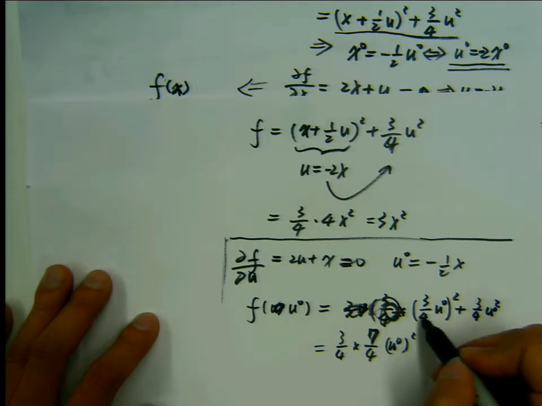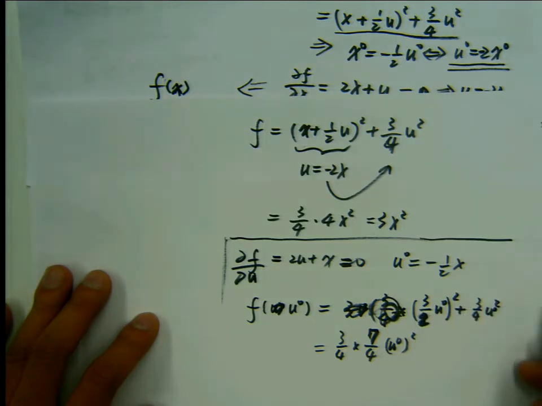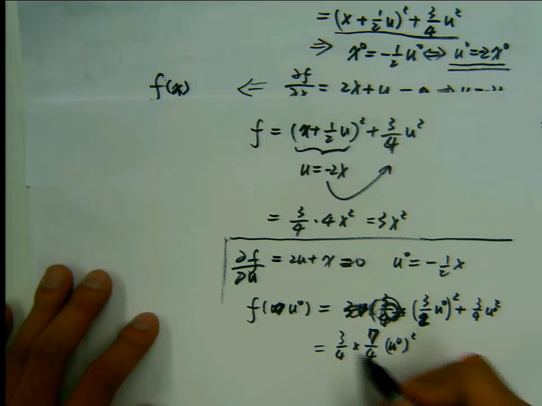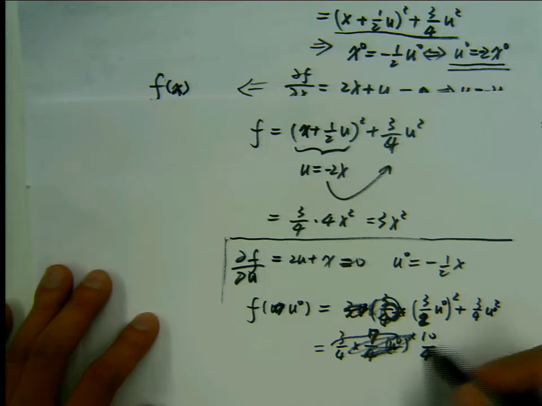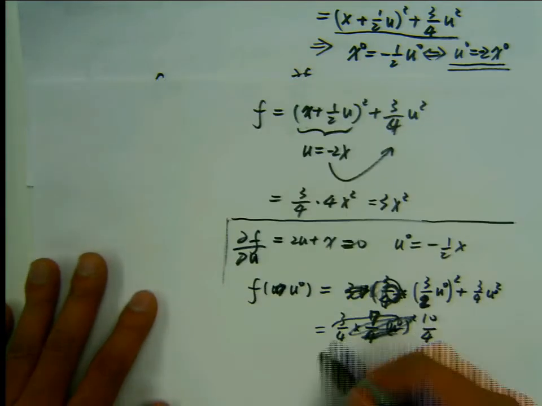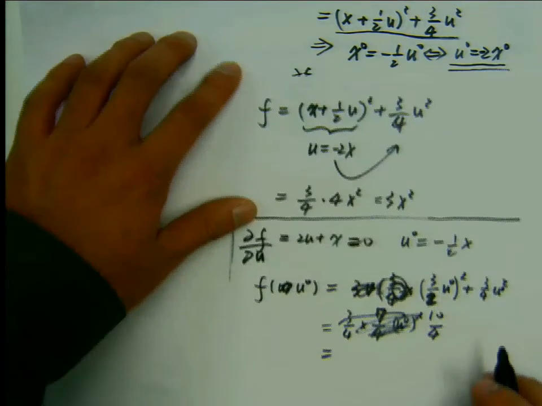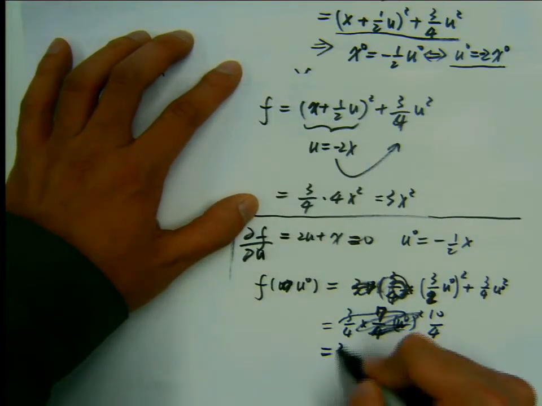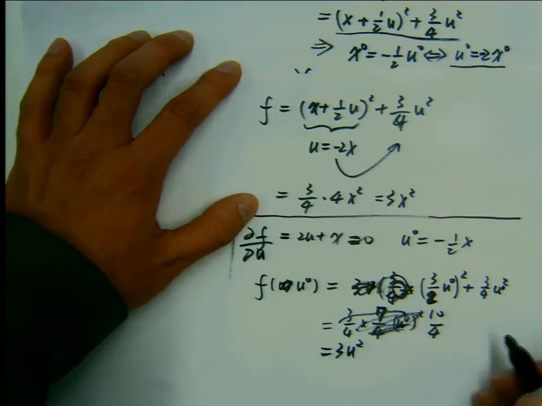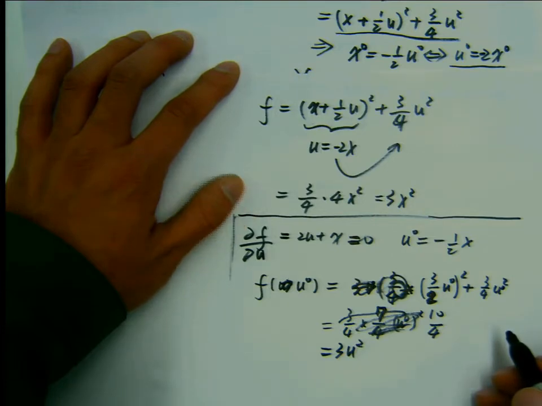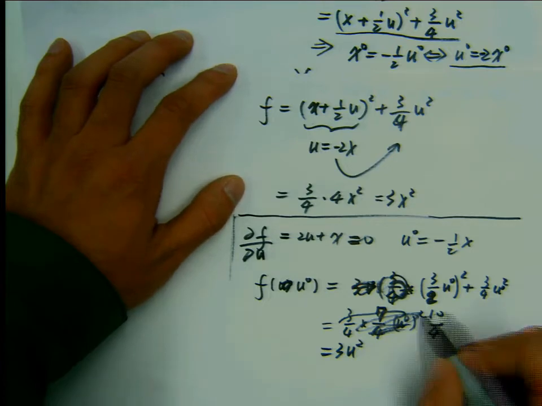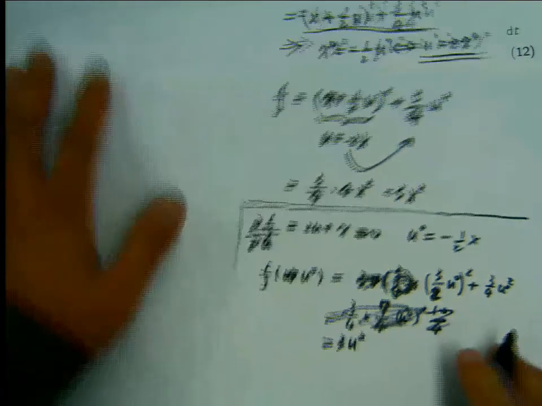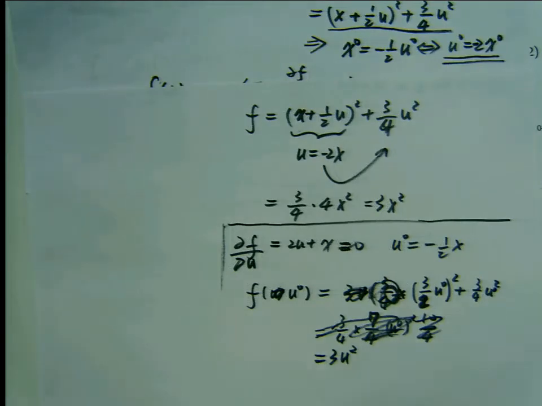Should be 2. So I think it totally depends on which thing you regard as the control variable here.